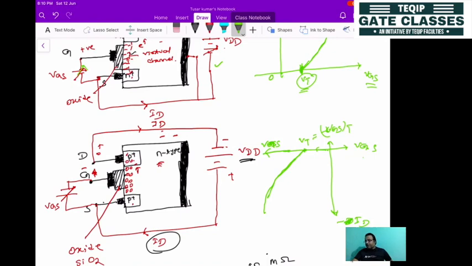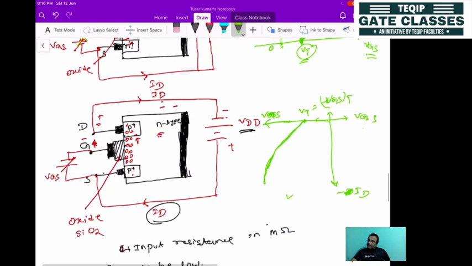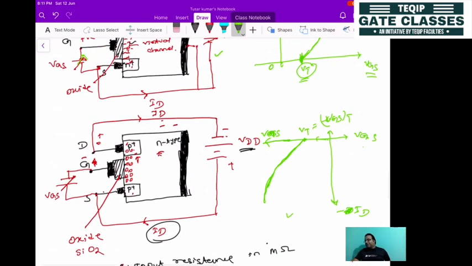But as the drain current is opposite to what we discussed in the N channel MOSFET, we have assumed it negative. Actually the current is not negative, current flows in the opposite direction. So this is nothing but the transfer characteristics for the P channel enhancement type MOSFET.